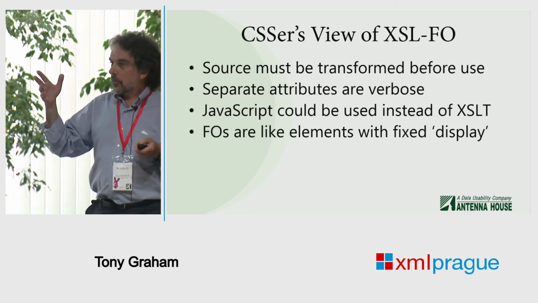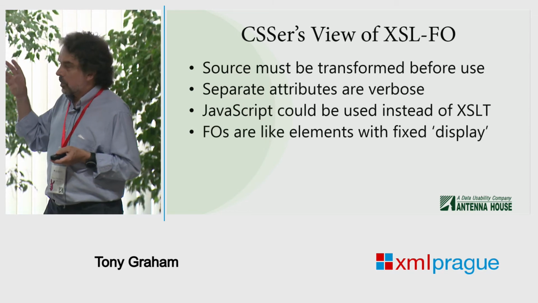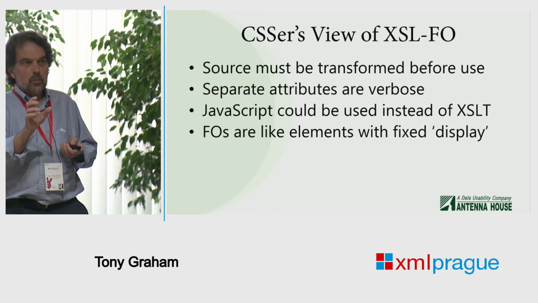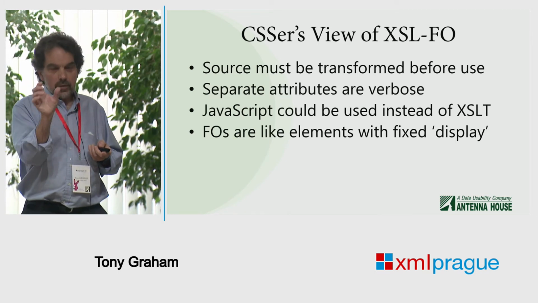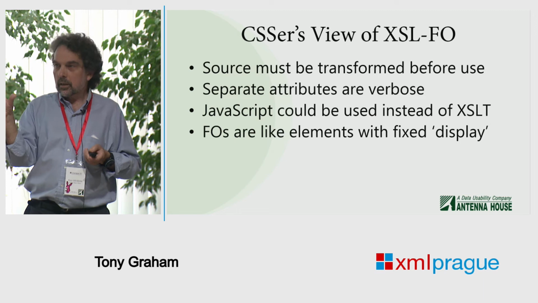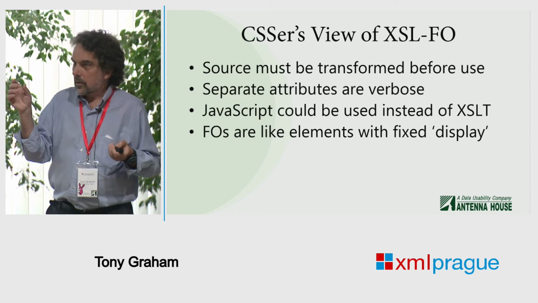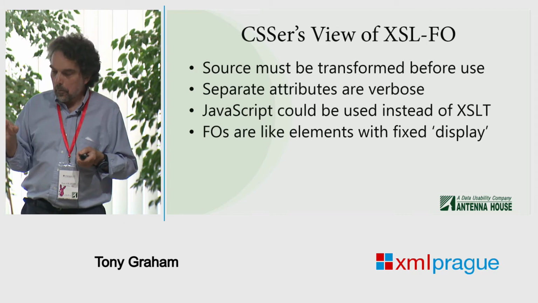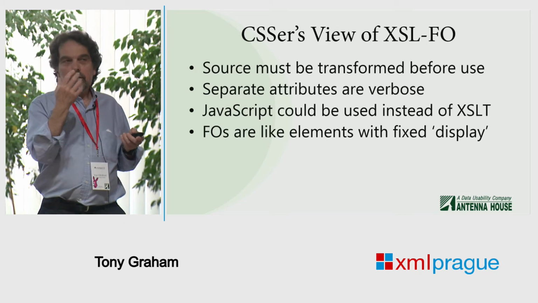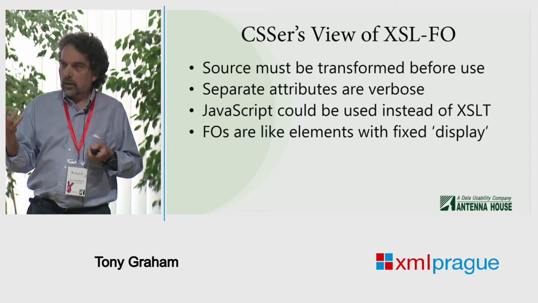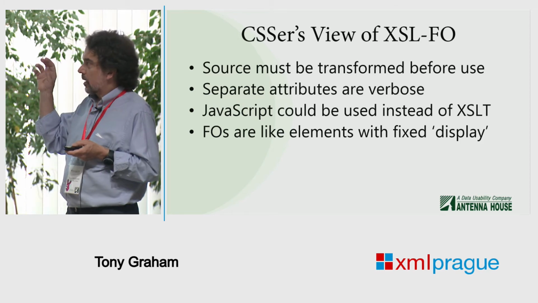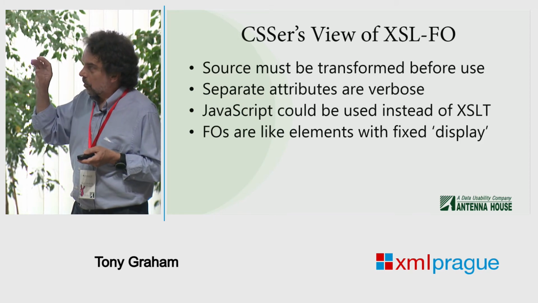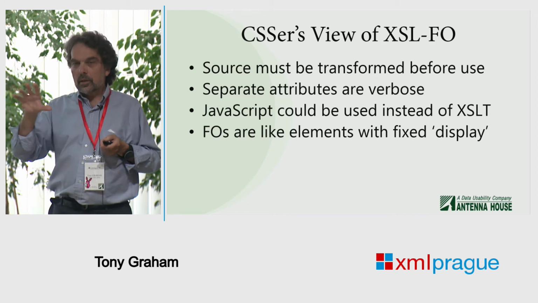So the FOs are like elements with a fixed display property. This display property in CSS says this element should be formatted like this. It's sometimes used to make lists look like tables in an HTML page, but if you have the transformation before formatting, then the decisions about how this element should end up are done in the transformation.